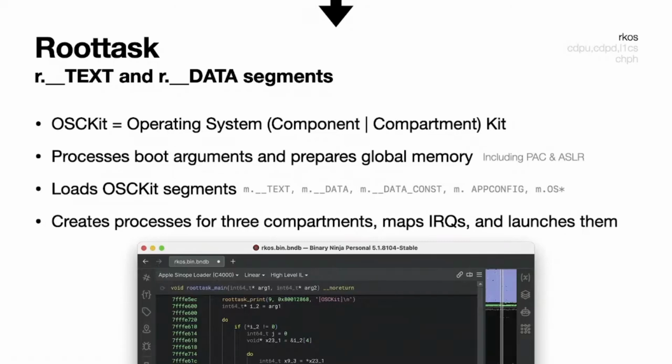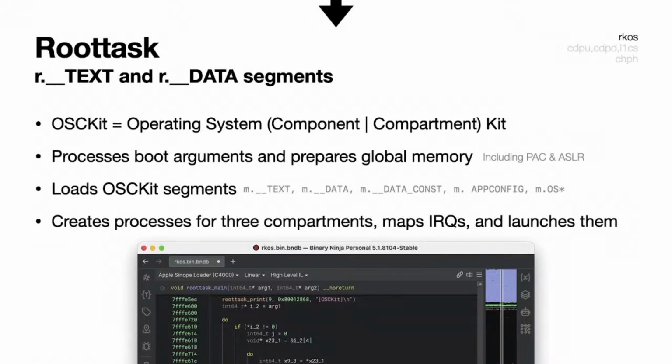The root task processes boot arguments, handles some pointers, and prepares the global memory by typing it for later use. Then it also sets up PAC and ASLR, and the root task then maps all of the segments I presented earlier from OSC kit into memory, and then uses those to initialize 3 processes, and they relate to so-called compartments.